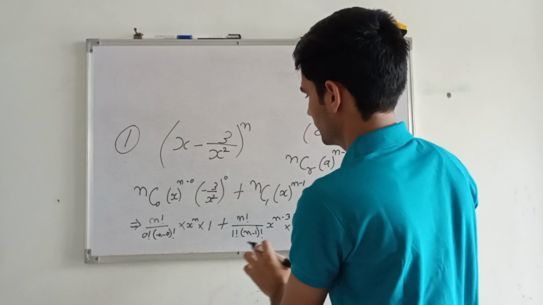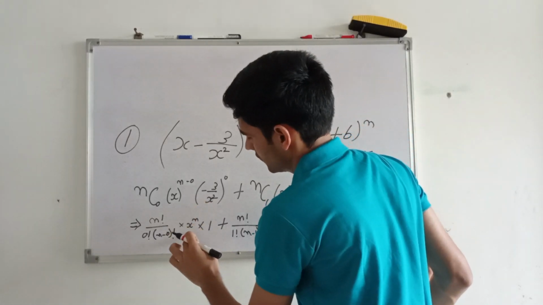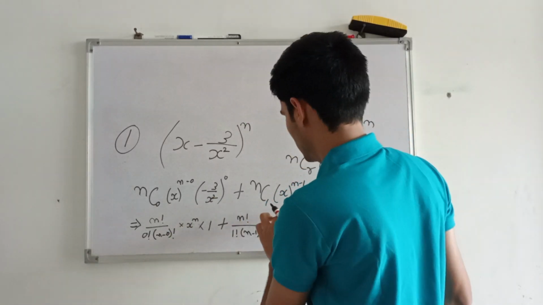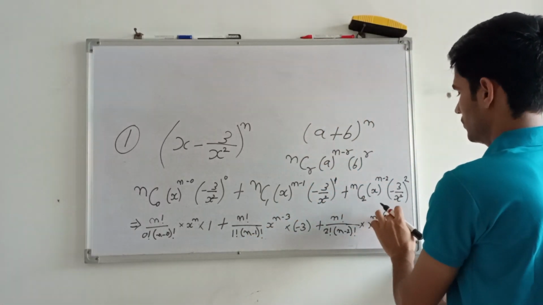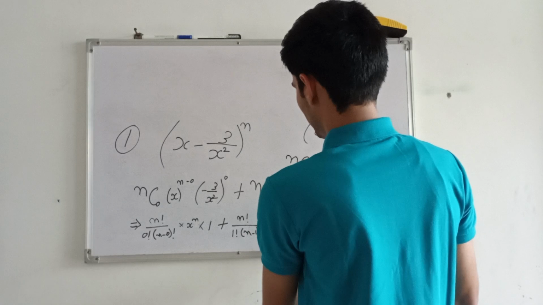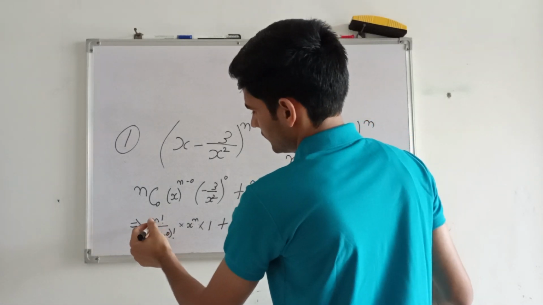So what are the coefficients here? Coefficient is removing the x. So if we remove these three x terms, what remains will be the coefficients. What is n minus 0?